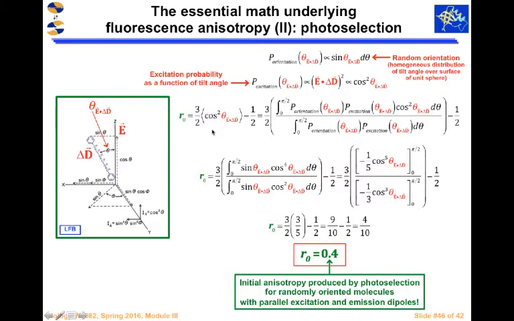As I told you before, the anisotropy is given by something called a Legendre polynomial. The Legendre polynomial is basically a function of the angle between, in this case, the transition dipole moment and our exciting electric field vector.